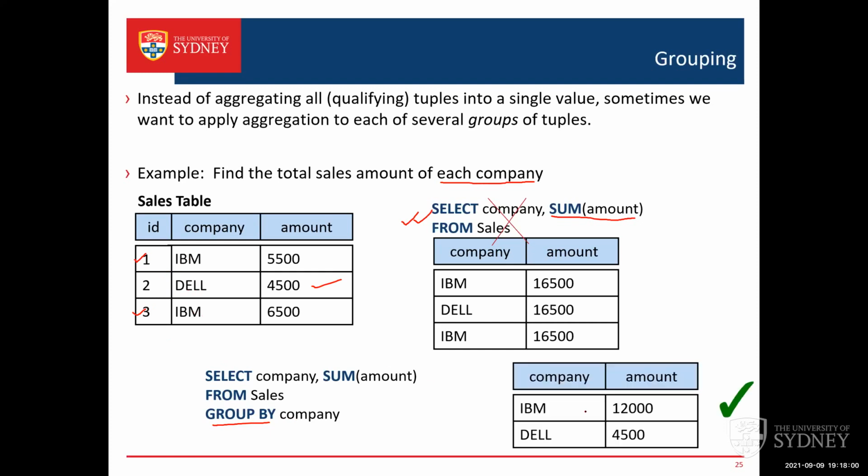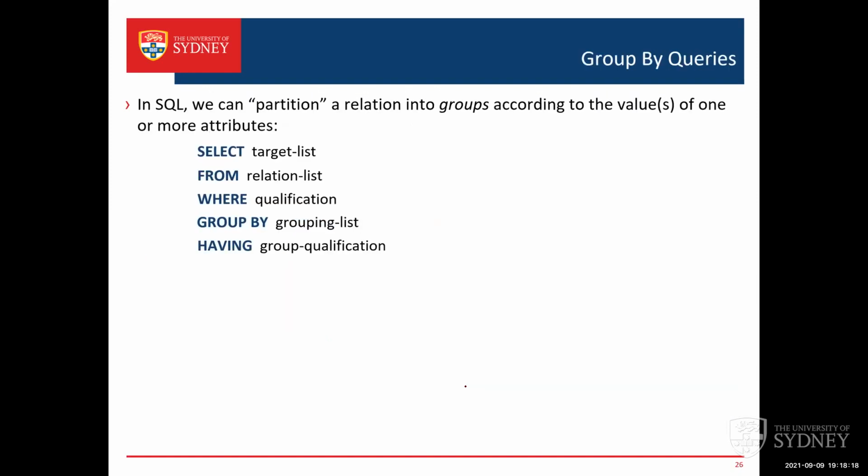So that's why we'll have IBM in one, Dell in another. We are doing sum in that group only, okay, since we have a group by. So that will be the correct answer. So IBM, these two will be summed up, and Dell we have only one, so that one will be there.